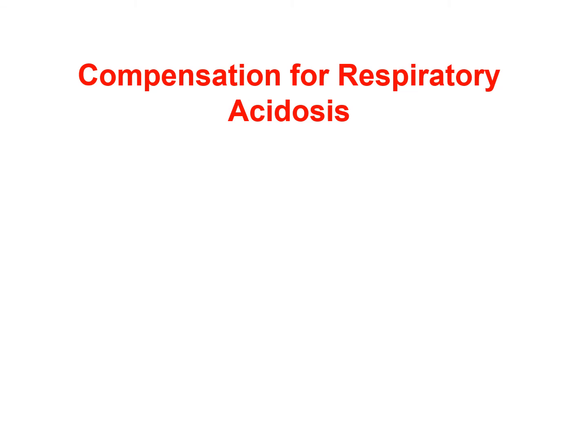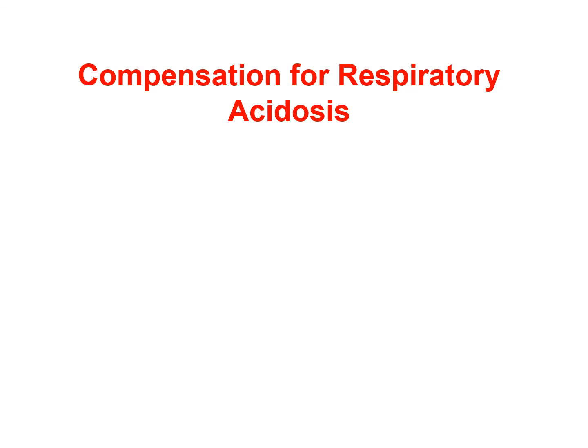One would easily think that compensation for respiratory acidosis should be increased hyperventilation. But no, that is not the case. Remember, respiratory acidosis is set in in the first place because of suppressed breathing due to one reason or the other. Either the brain cannot send the signal or the lungs cannot execute.